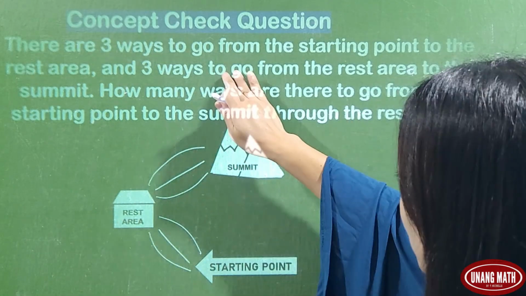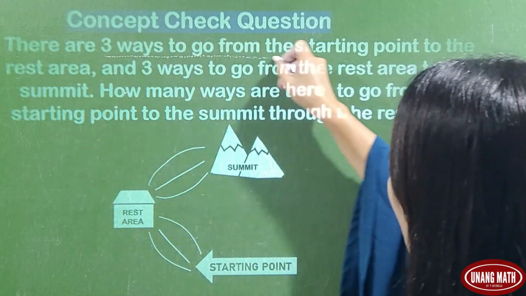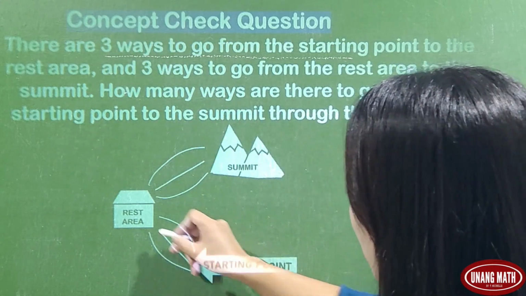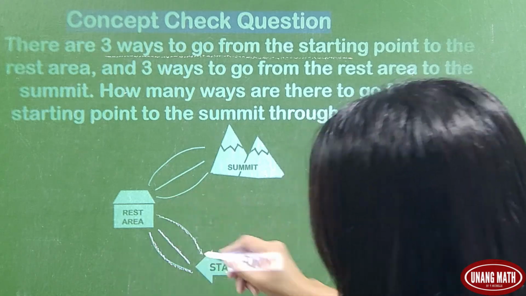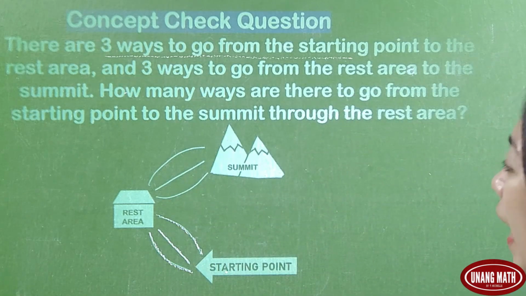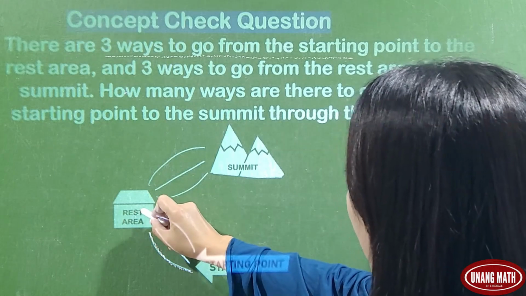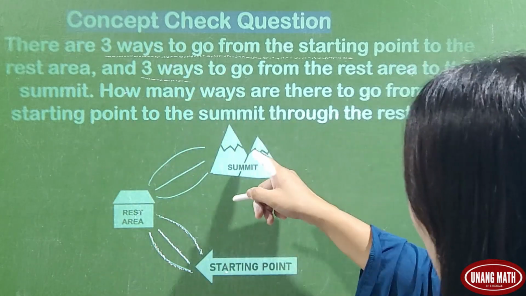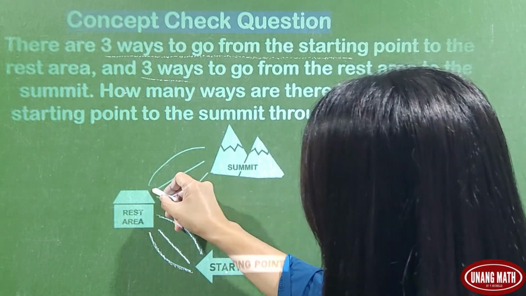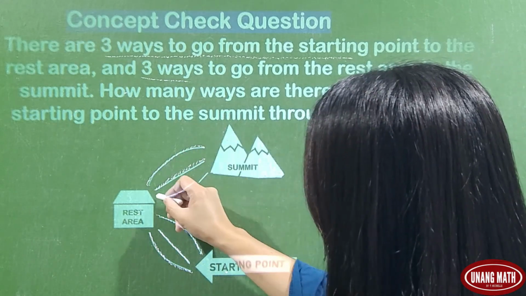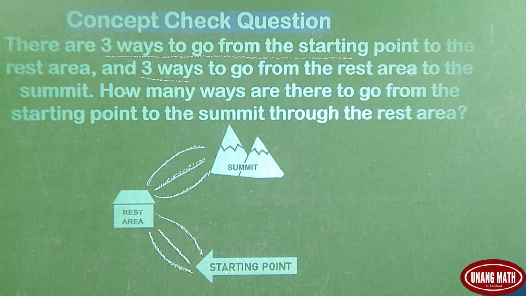According to this one, there are 3 ways to go from the starting point to the rest area. So this way, or this way. And from the rest area, there are also 3 ways to go to the summit. So this is one way, second way, and this is another way.